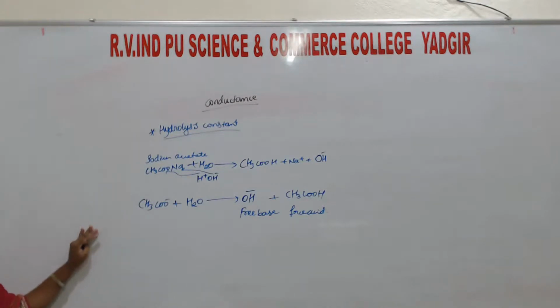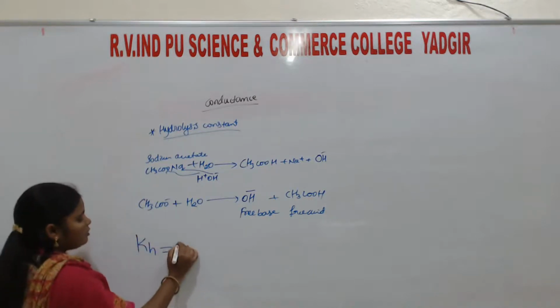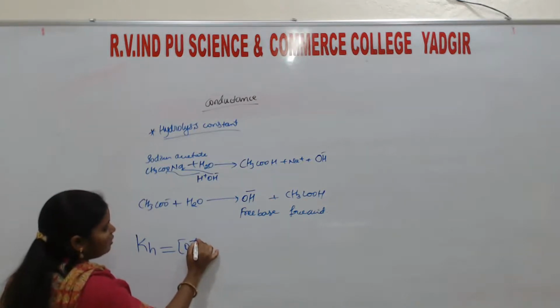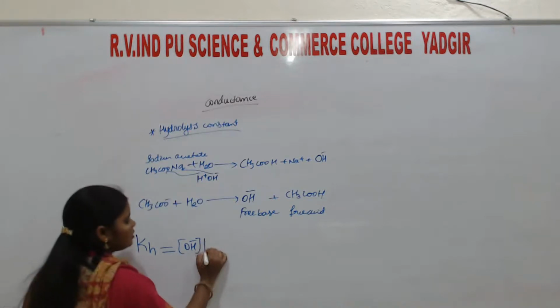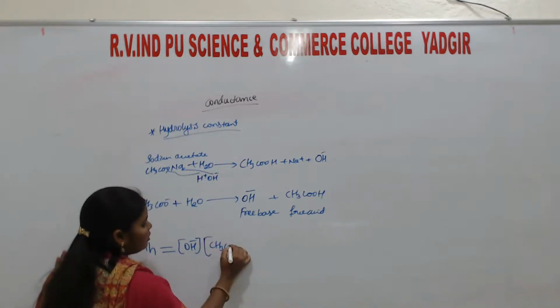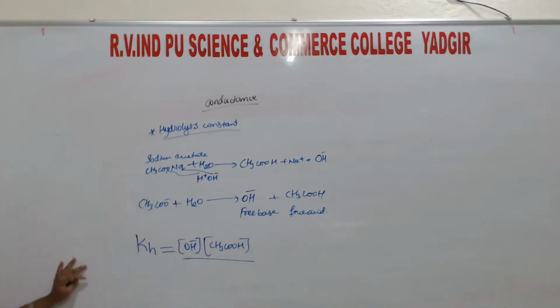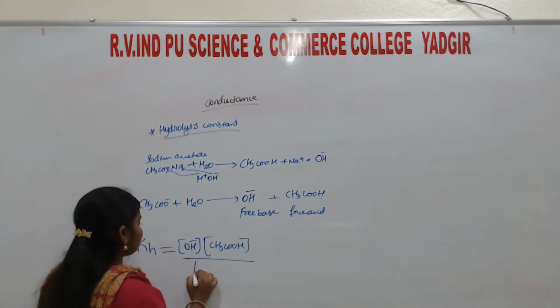This is an example for the hydrolysis constant. You write the hydrolysis constant KH as equal to free acid times free base, that is CH3COOH and OH minus, divided by the unhydrolyzed salt, that is CH3COO minus or Na.